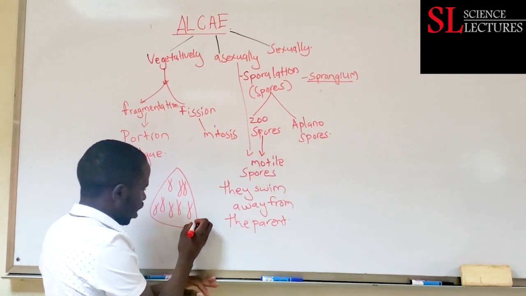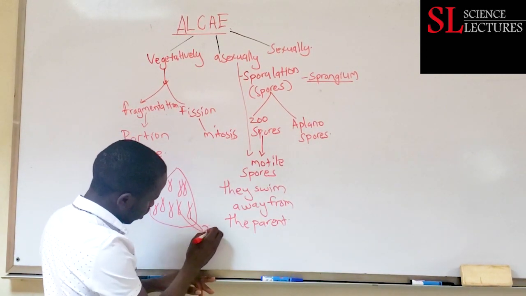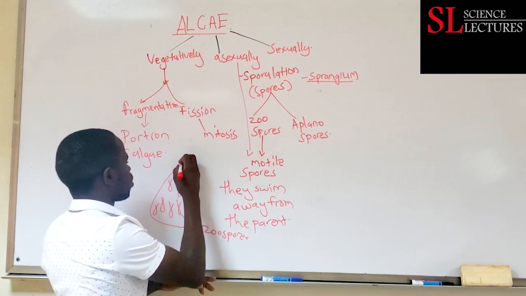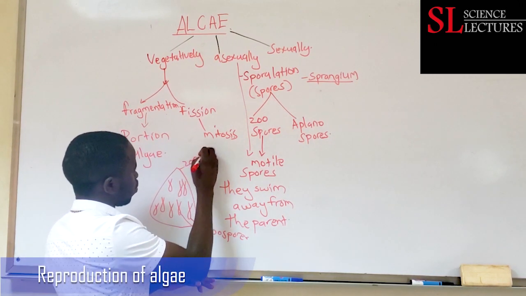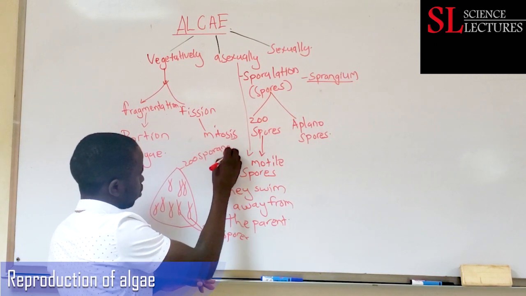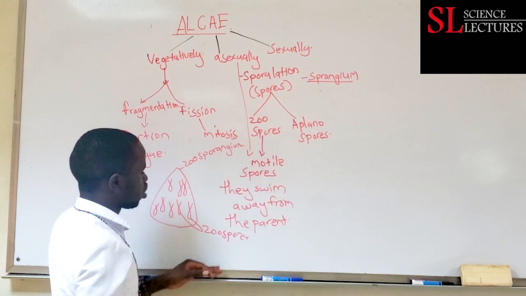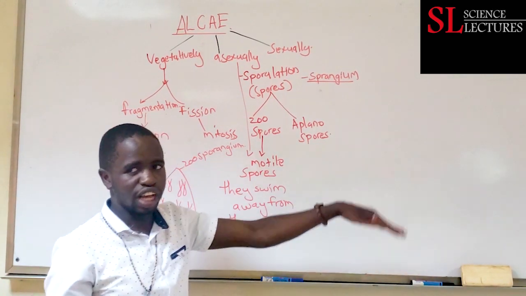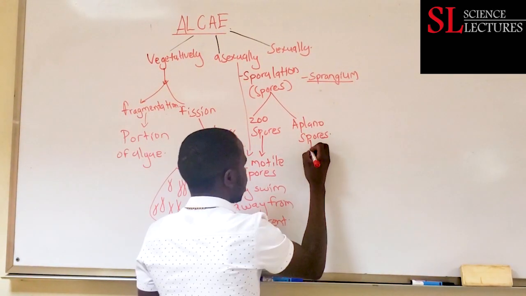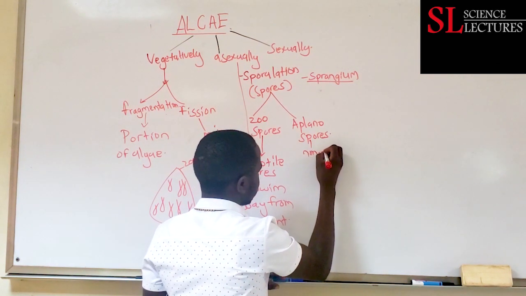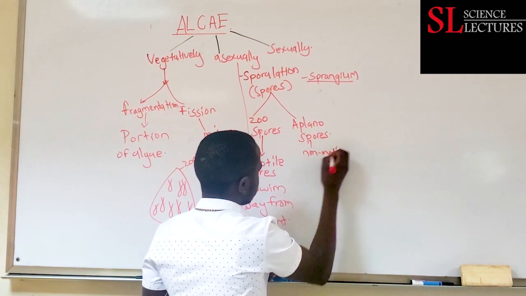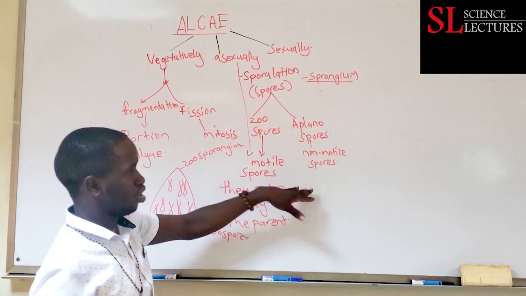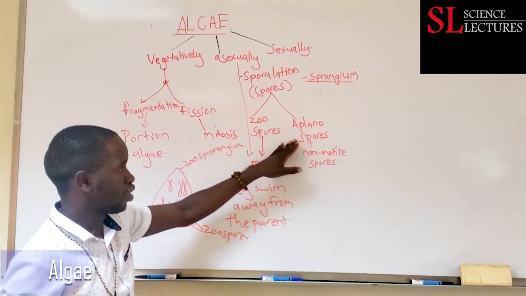So what you have here, these are the zoospores, and this is what you call the zoosporangium. So algae produces motile spores, but it also produces non-motile spores, which are called the aplanospores.